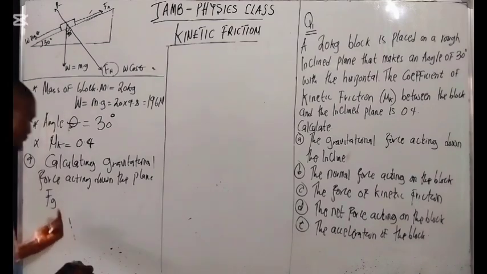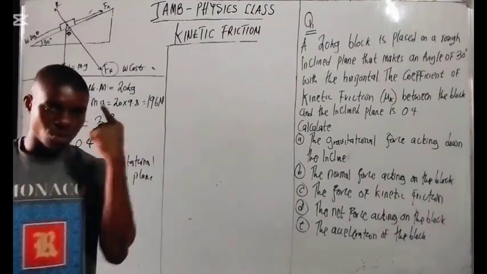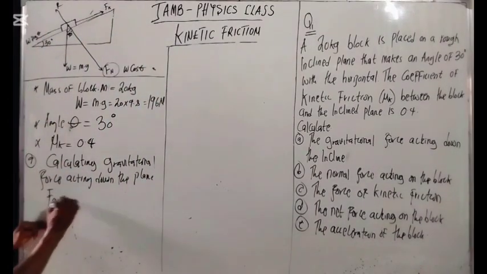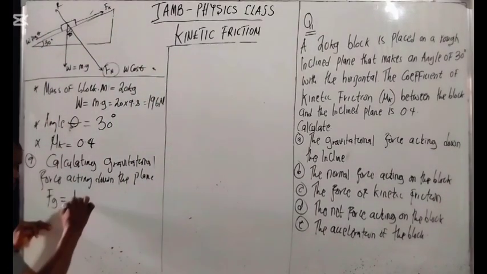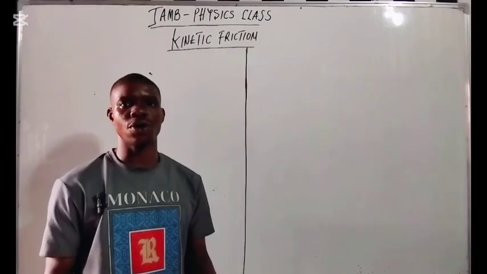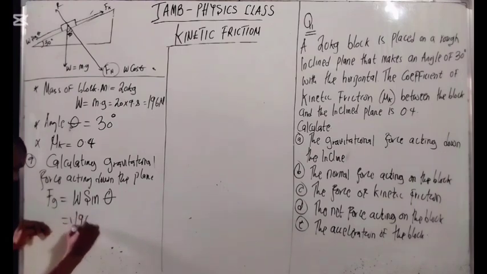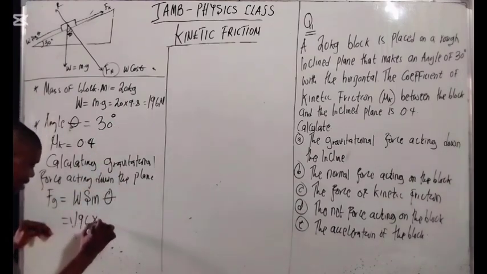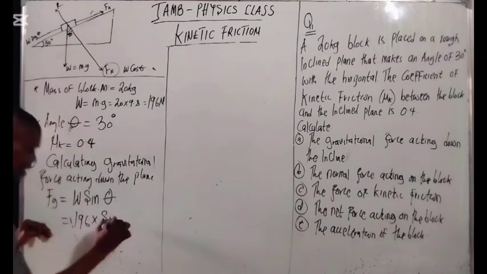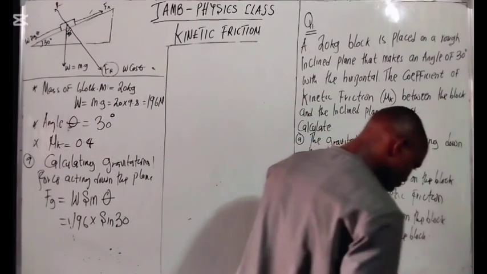Now remember, this FG is the force parallel to the inclined plane, which is W sine theta. My W here is 196, so you can say 196 times sine 30.